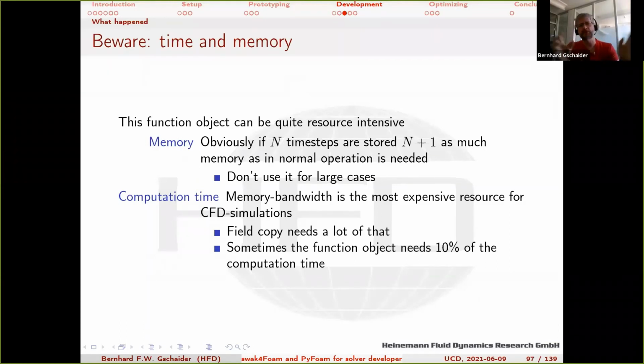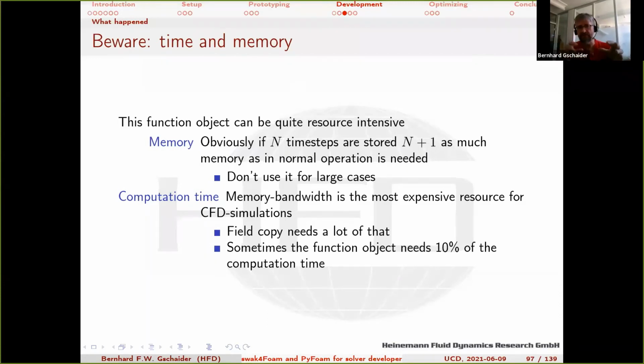And it uses computation time. You might ask, oh, okay, but it's only copying. Why does it use computation time? The reason is that memory bandwidth is usually for CFD cases the most important and most scarce resource. Copying the fields, there's not much computation going on, but it needs memory bandwidth.